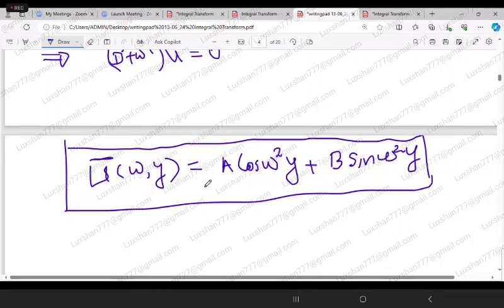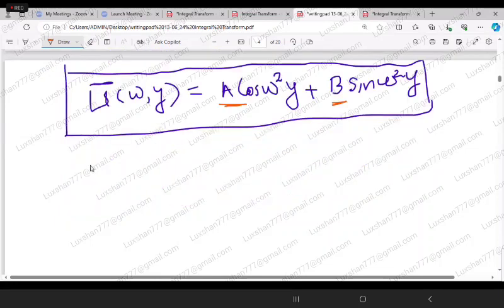This is the Fourier transform of the solution. We have to consider the inverse Fourier transform. Before that, we want to find the constants a and b.